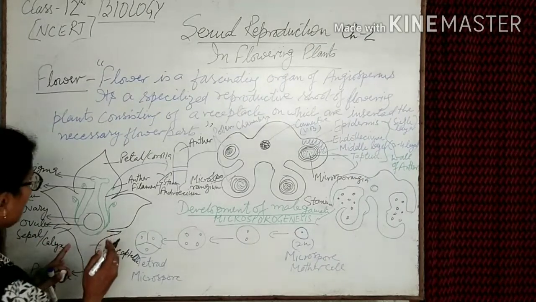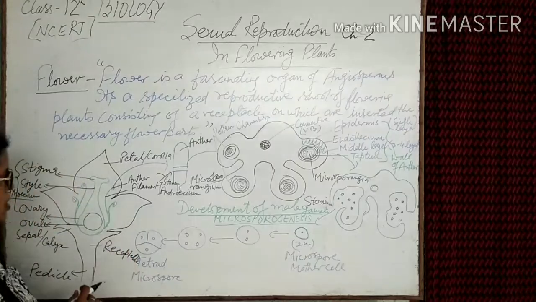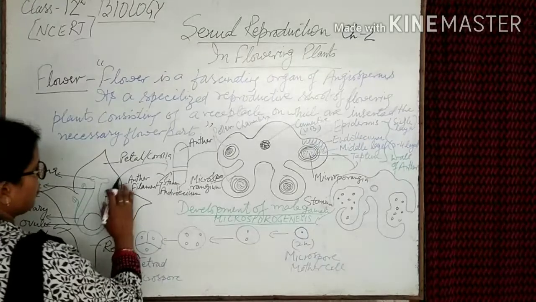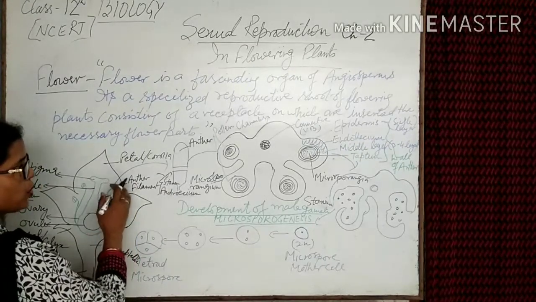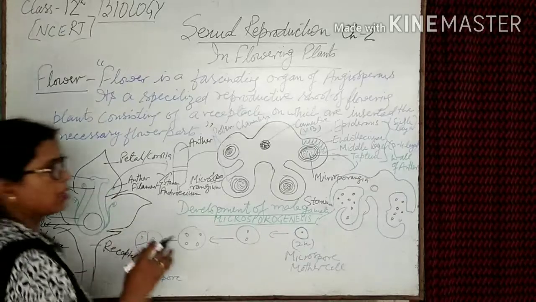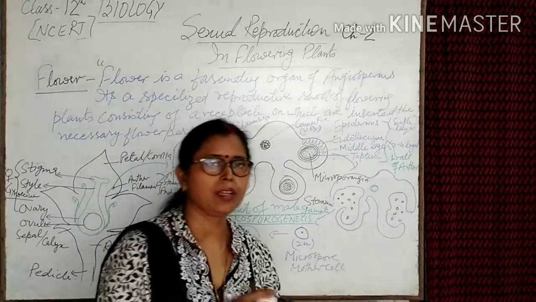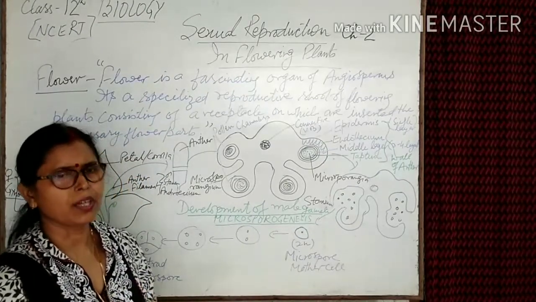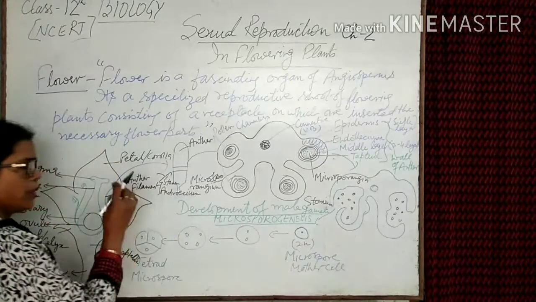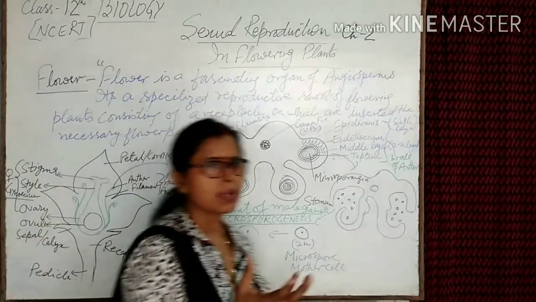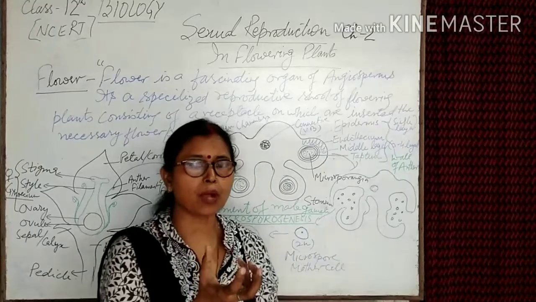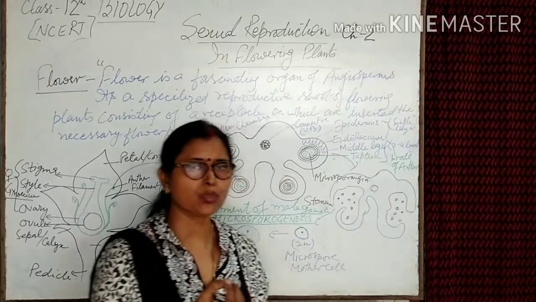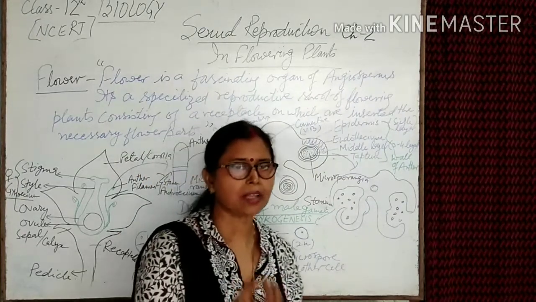And you know, the pollen grains are generated inside the anther. The anther is a pollen sac, a pouch-like structure, and the pouch contains millions of minute particles.